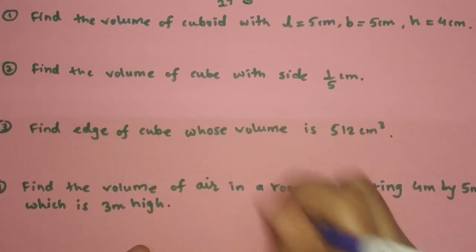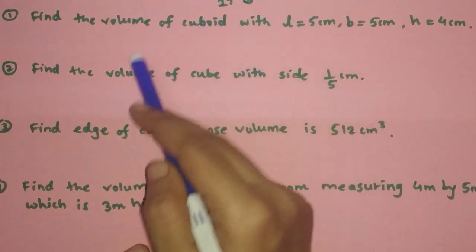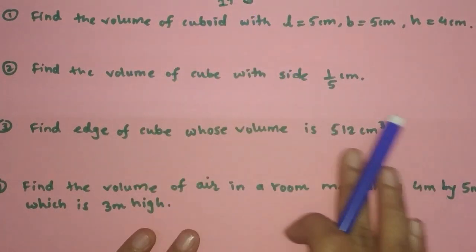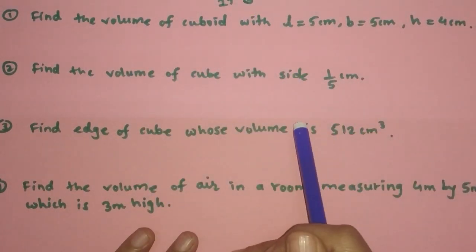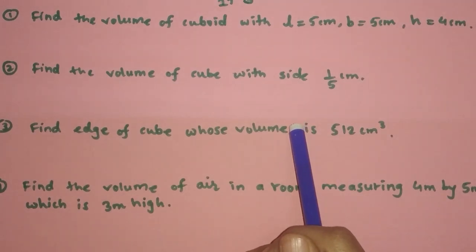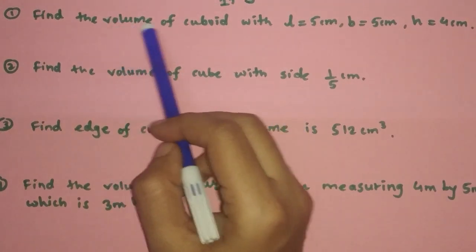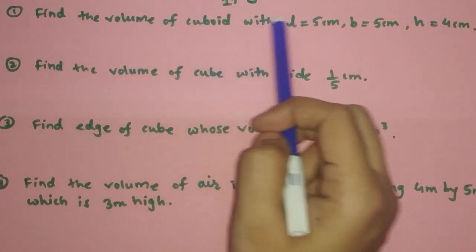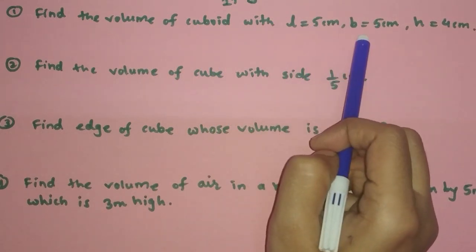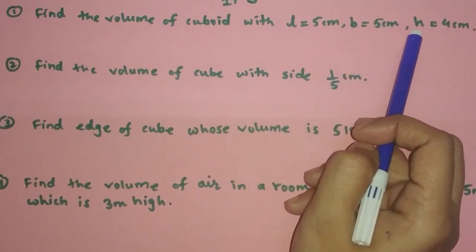Now friends, moving to exercise 17B, which is based on volume, which we discussed at the start of this video. Volume determines how much space is occupied by a solid shape. So find the volume of a cuboid with length 5 cm, breadth 5 cm and height 4 cm.